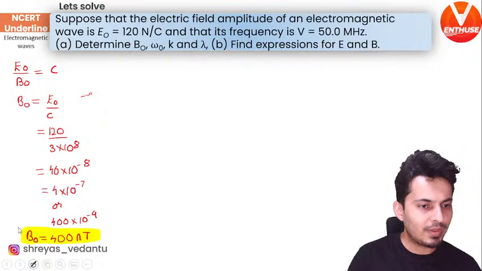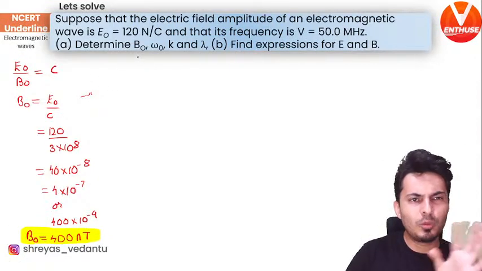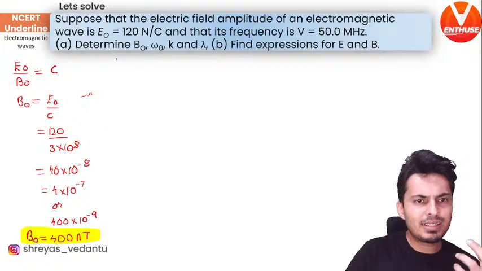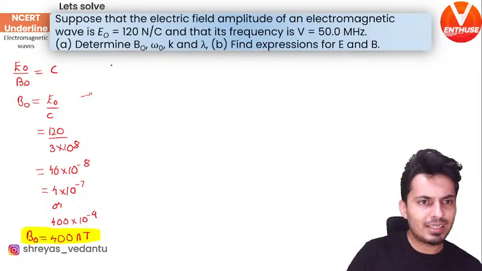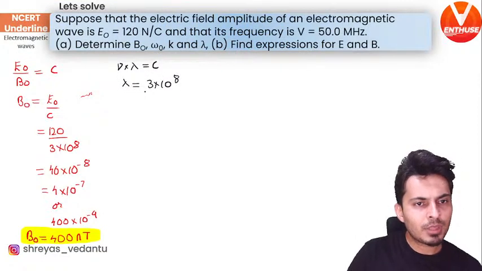Okay. So what do we have now? Omega naught. I think we can find omega naught, K and lambda together. Frequency is given. So from that wavelength can be easily found, because frequency into wavelength is speed of light. So lambda will be 3 into 10 to the power 8 divided by frequency, which is 50 mega, which is 10 to the power 6.